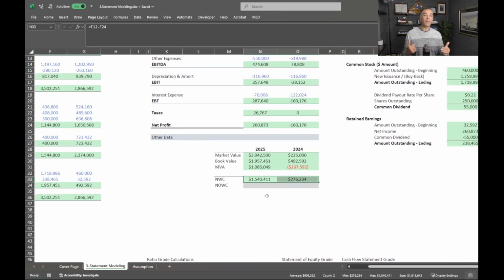Do they have enough money coming in this year, converted into cash, to pay off our current obligations? If that number is getting close to zero, we're in trouble. As you see, the year before we were in big trouble, 276,000. Now we're at 1.5 million. However, if it is negative, we don't have enough money.